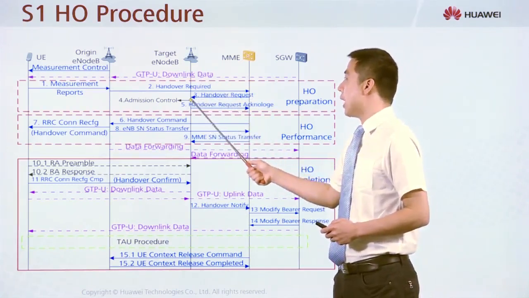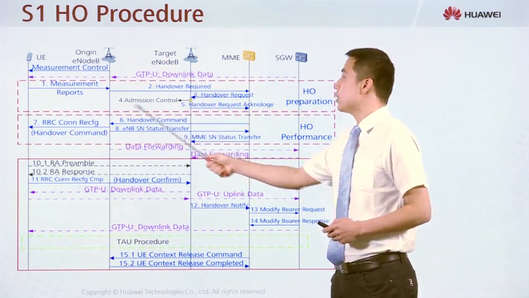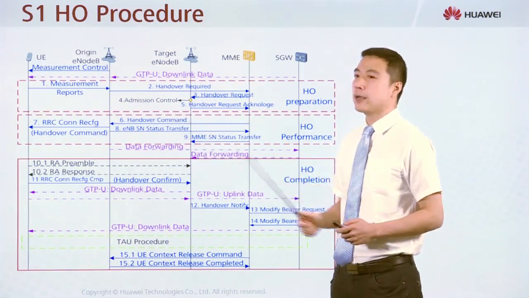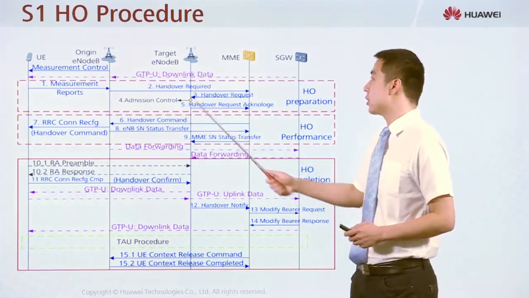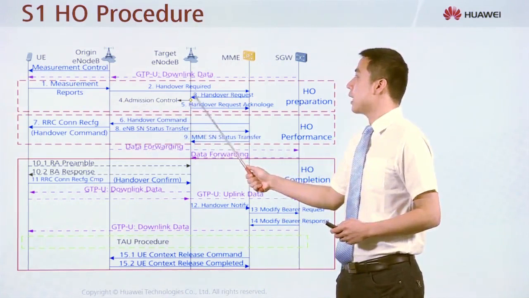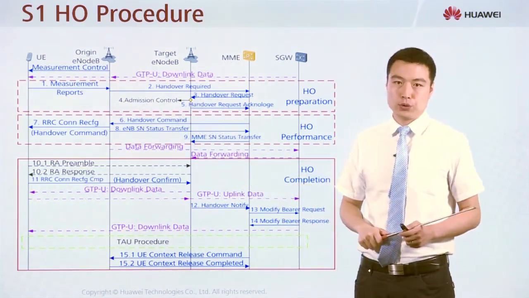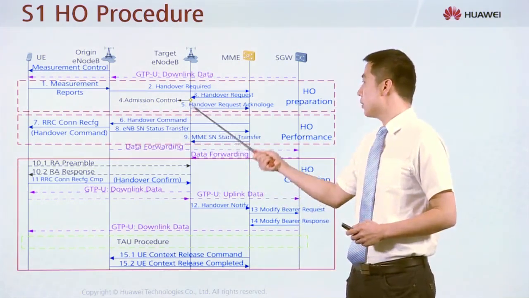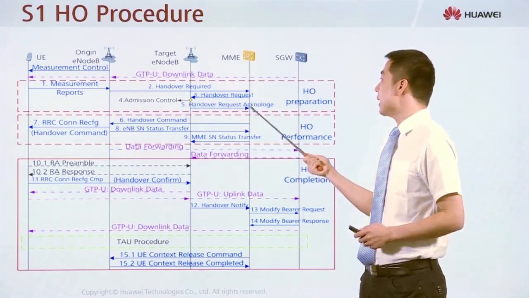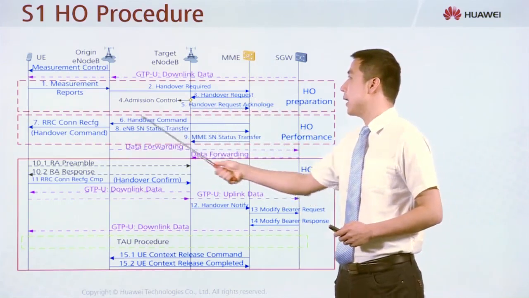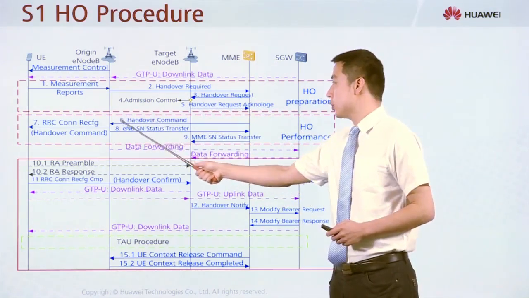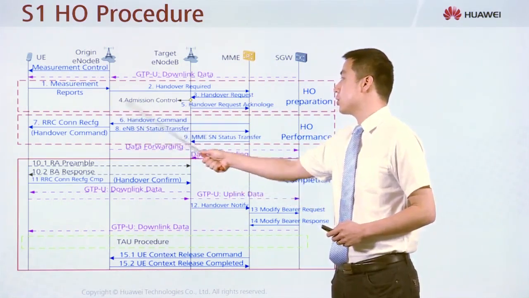At this moment, the target eNodeB will start admission control, checking the remaining resources to see if they are enough for the new user or not. If the target eNodeB has enough resources, it will reply with handover request ACK to the MME, and the MME will forward this ACK to the source eNodeB by the handover command message.